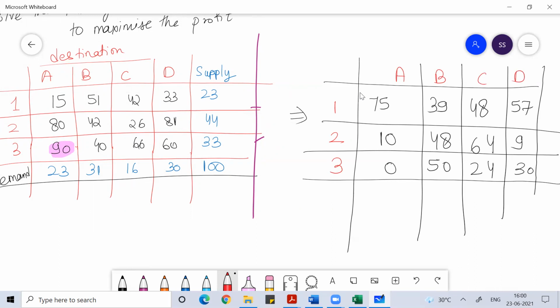By this way, I converted the maximal matrix into a minimal matrix.